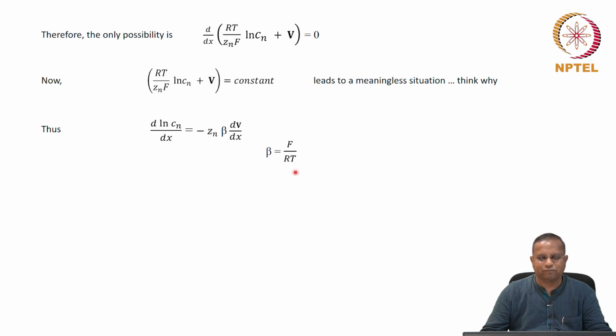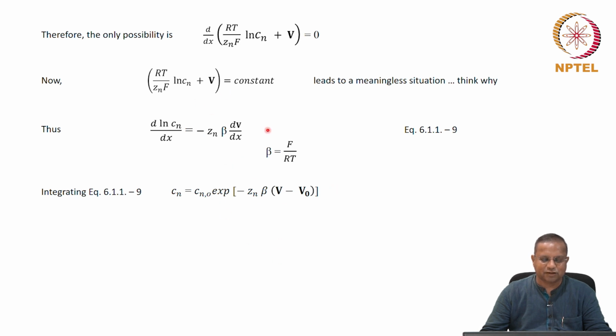Beta turns out to be F by RT. You can work out the algebra and find out that this is indeed the case. Just transposition, nothing else, and of course taking the derivative. We'll call this equation 6.1.1-9. If we integrate this expression, since you have d ln Cn/dx, you get an ln, and therefore an exponential on this side after integration.